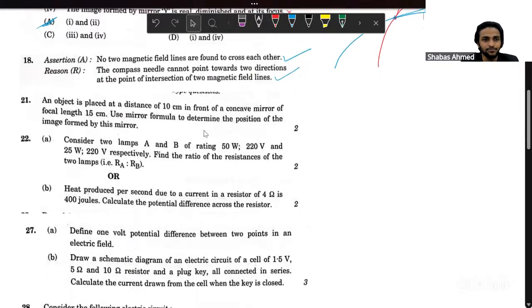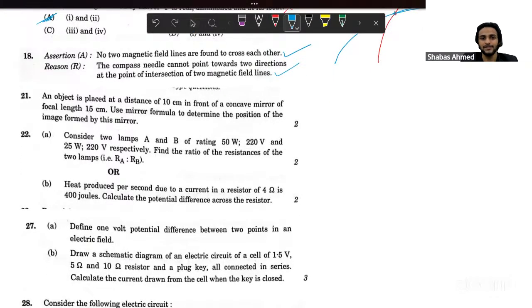Then next one. An object is placed at a distance of 10 centimeter from it. Okay, so that is U. U is given, that is 10 centimeter, but it is in front of a concave mirror. So the object will be placed on the left side of the mirror, so taking it as negative. And the focal length is 15 centimeter.